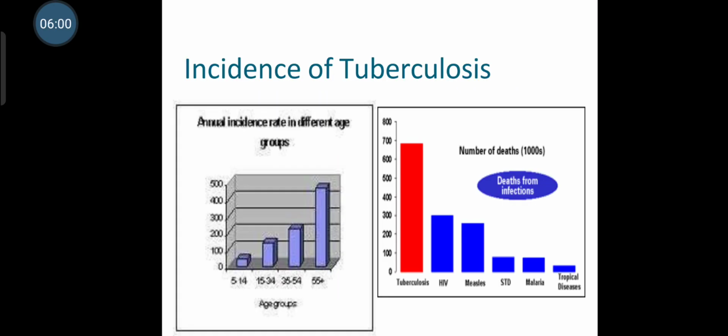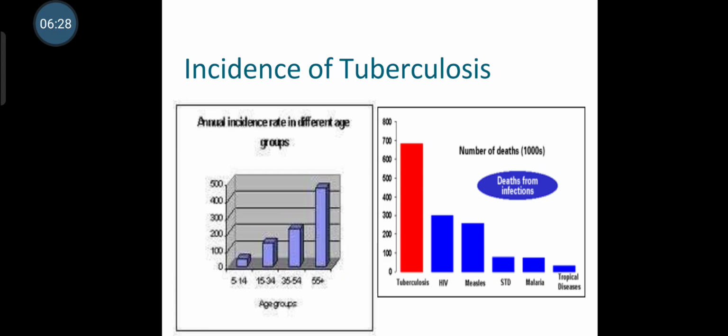This is another graph showing age group wise incidence of tuberculosis. It is less in children aged 5 to 14 years, slightly more in the age group 15 to 34, slightly more than that in the age group 35 to 54, but highest in elderly people aged 55 plus.